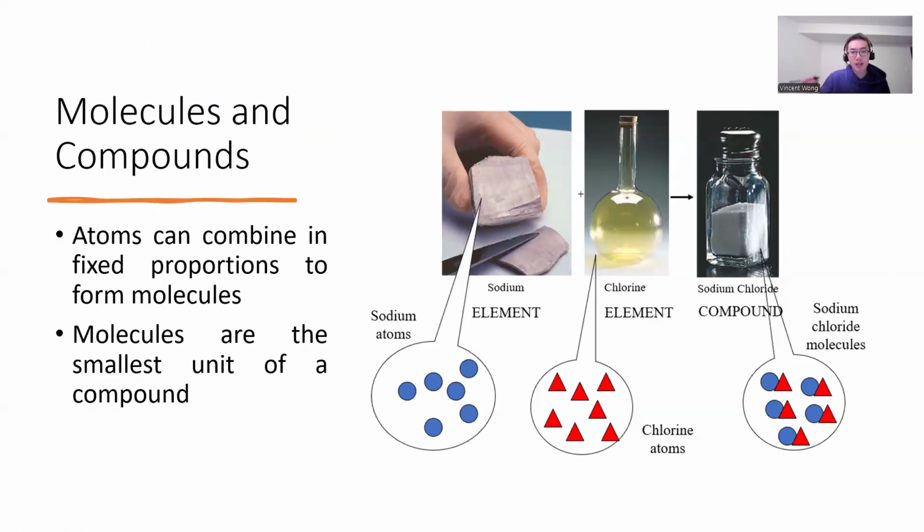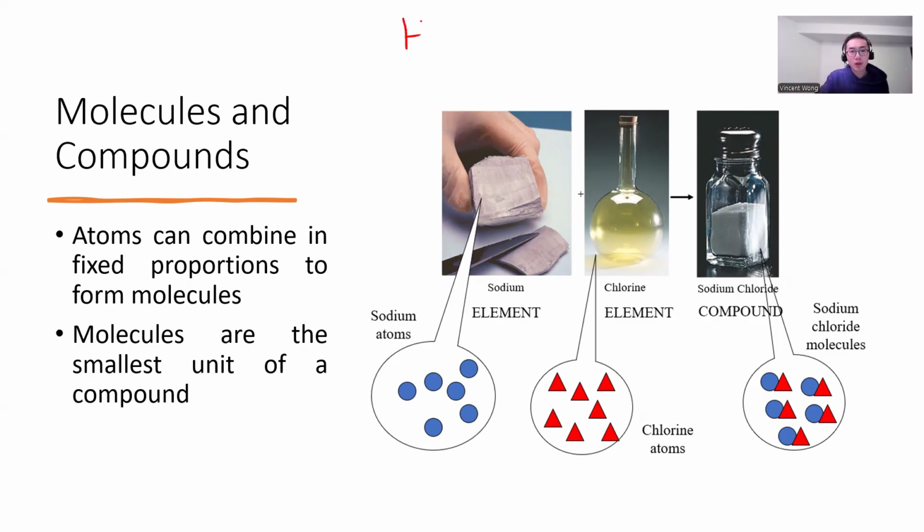So, the smallest unit of an element is an atom, like a hydrogen atom, an oxygen atom. But we know atoms can actually come together and combine with each other in a certain ratio to form something bigger.